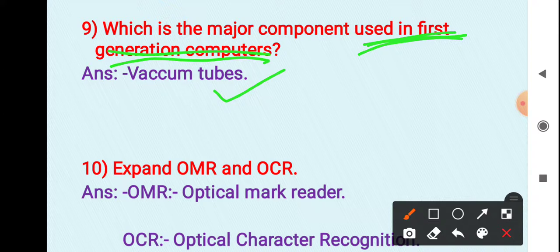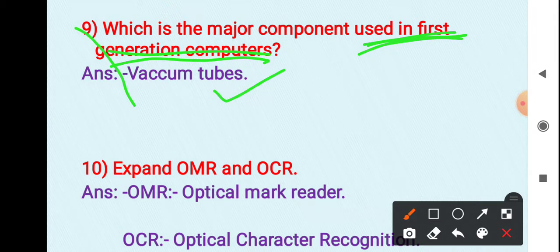Similarly, second generation systems have transistors. Third generation systems have ICs. Fourth generation systems have VLSI and microprocessors. Fifth generation systems will be based on artificial intelligence.